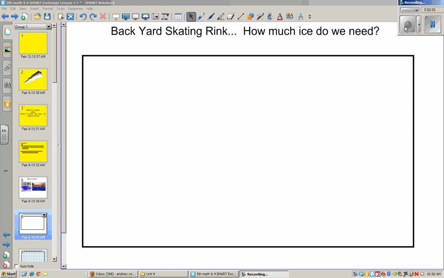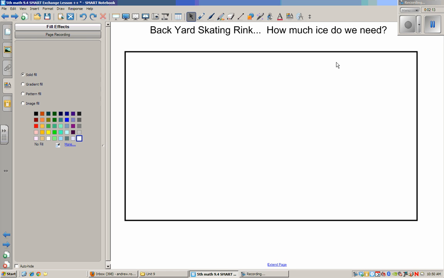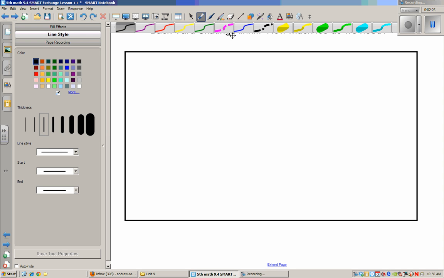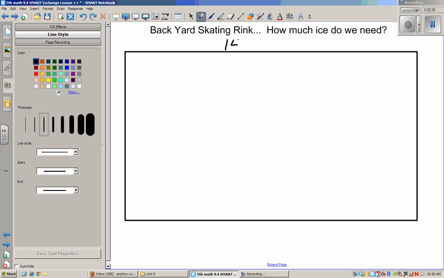So if we stick with that ice rink example, I want to just show you how area works a little bit differently from perimeter. If we've got a backyard skating rink and we measure how long it is, so we measure this long side right here, and we'll just pretend that we've measured it at 14, let's call it meters.